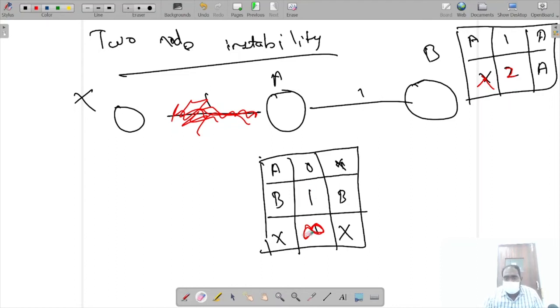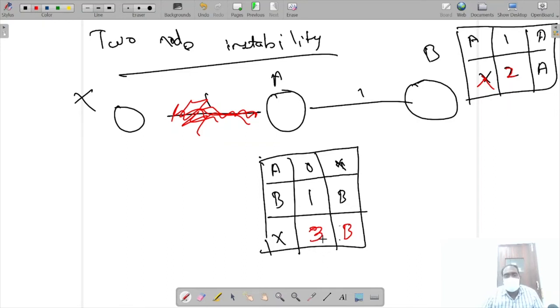Since my route is infinity, to reach X I have to send my packet to B, and B will reach X at a distance of 2, and I can reach B at a distance of 1. So the total distance will be 3.